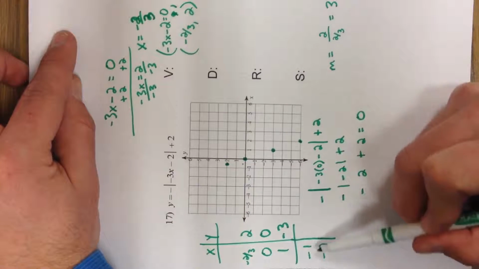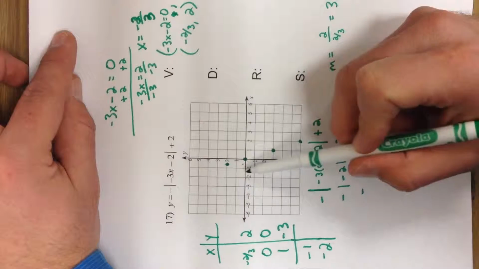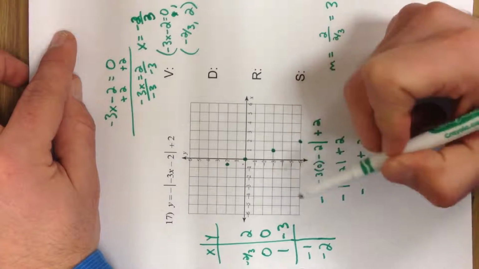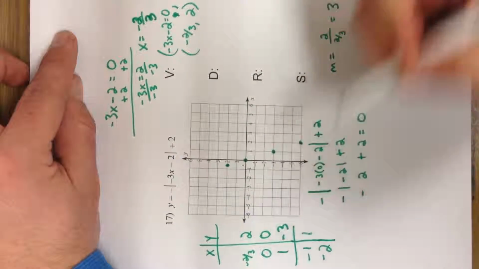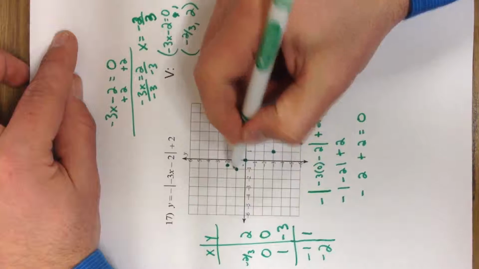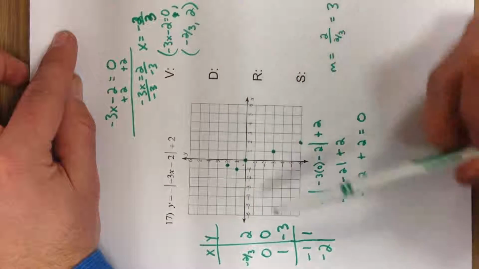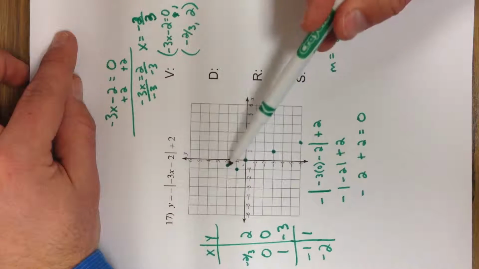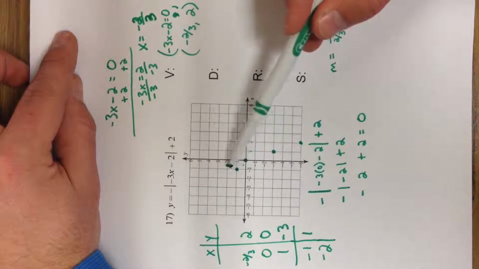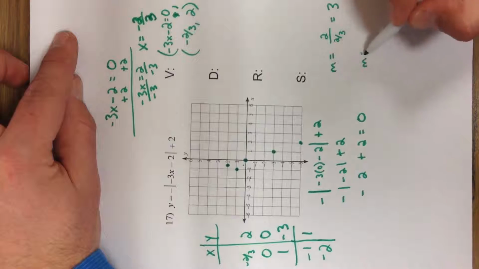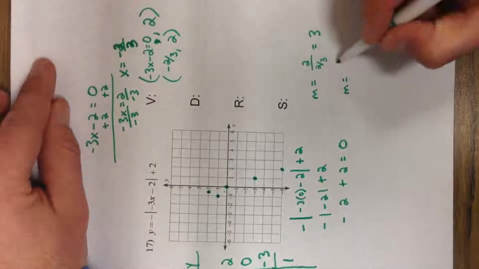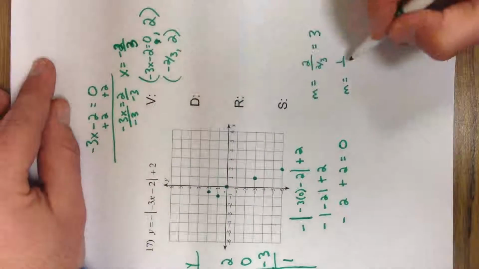Now, what happens when I plug in -1? I will tell you that you do not get 0. You will actually get +1. Now, this is kind of hard to show, but if I wanted to find the slope between these 2 points, I could do rise and run. From 1 to 2, that's a rise of 1. It rises 1, and it runs 1/3.